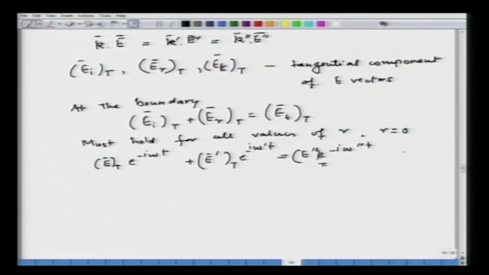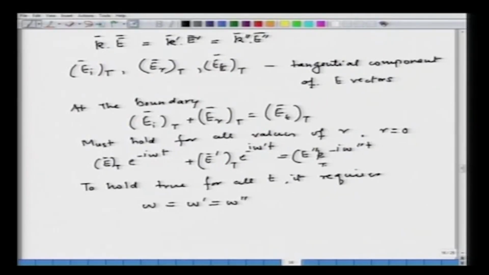Now, for this equation to hold true for all t, it requires omega to be equal to omega prime to be equal to omega double prime.